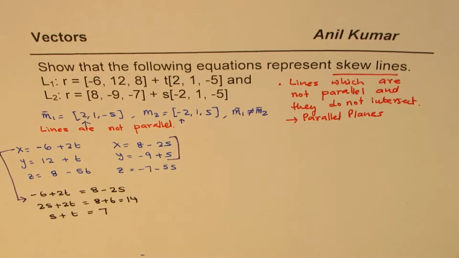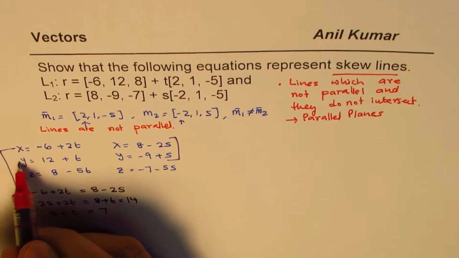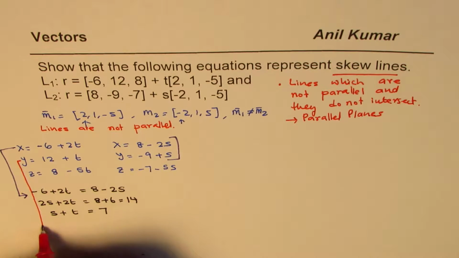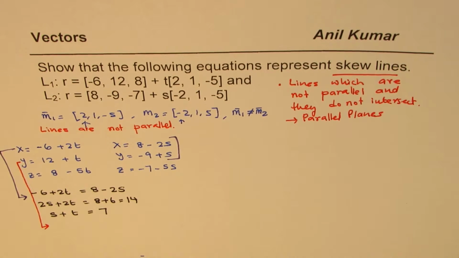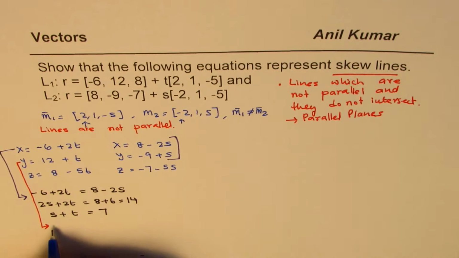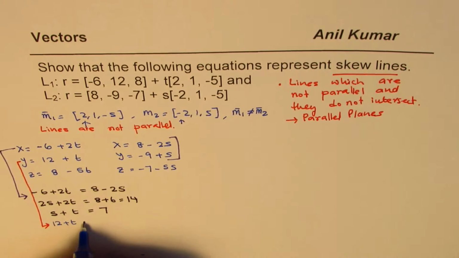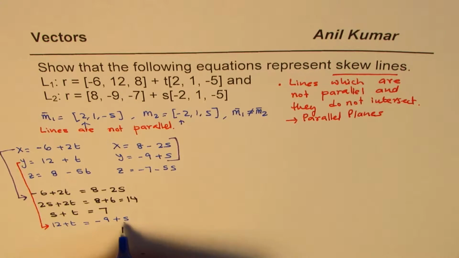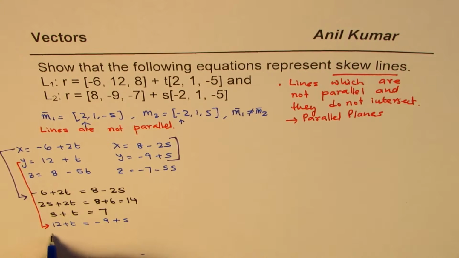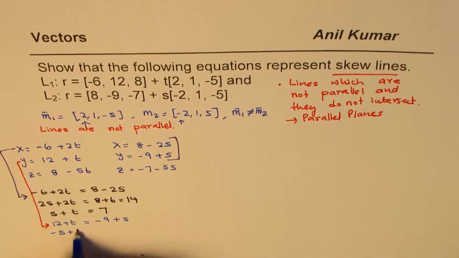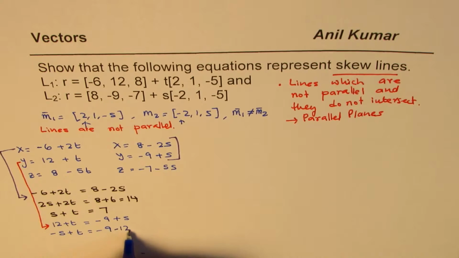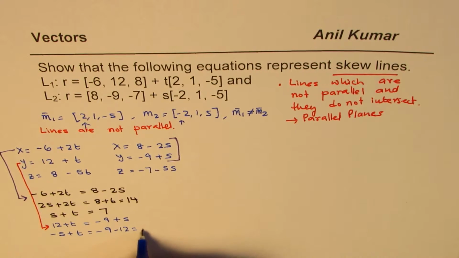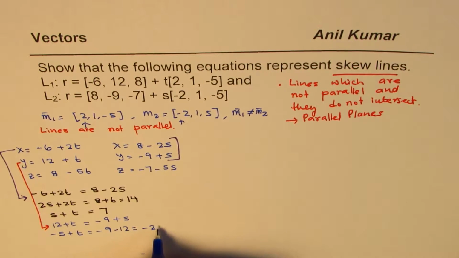Now we will compare the y coordinates to get the other equation. 12 plus t equals minus 9 plus s, bringing s to this side. We can say minus s plus t equals minus 9 minus 12, which is minus 21, right?